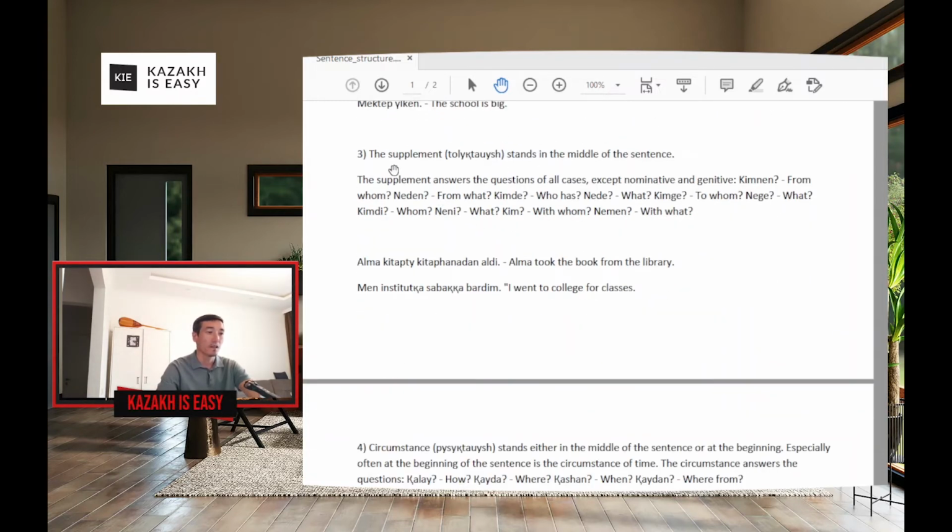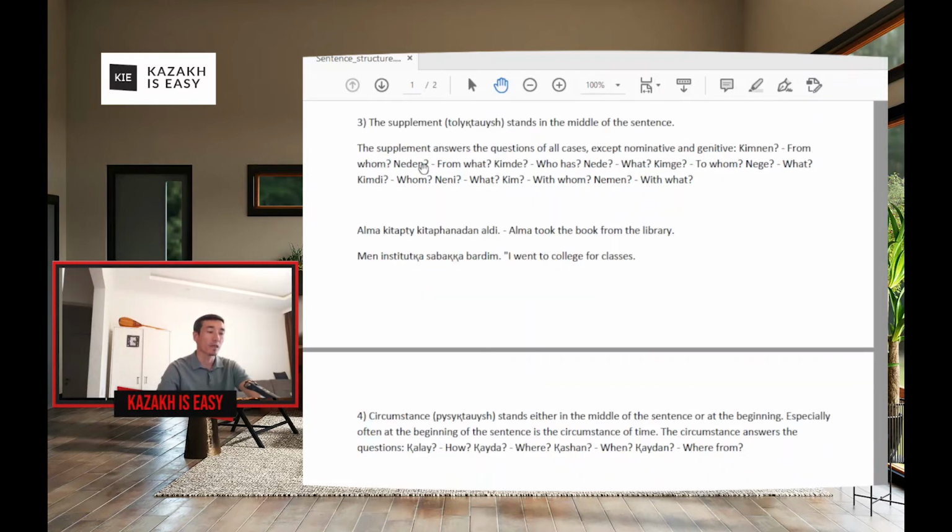Next, the supplement. Толықтауыш stands in the middle of the sentence. The supplement answers the questions of all cases except nominative and genitive.